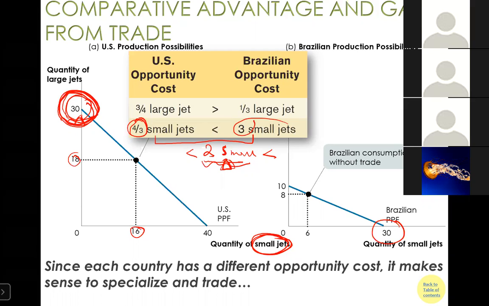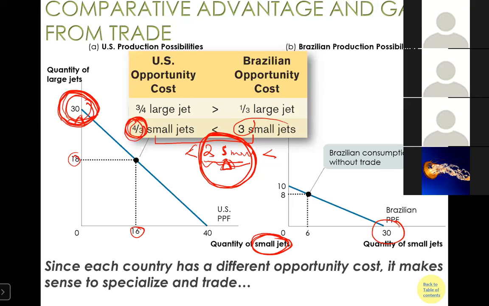So what does that mean? In the international market, the new price, the price of the larger jet in terms of small jets, is going to make both American and Brazilian happy. This 2 is higher than the cost for American and lower than the cost for Brazilian, right? The reason it makes both happy is that American and Brazilian have different opportunity costs of the larger jet.